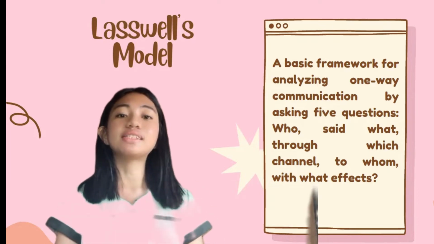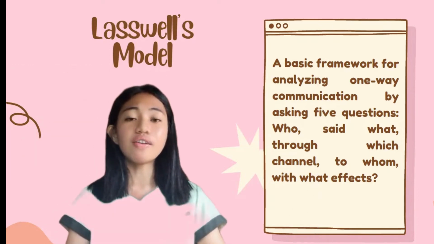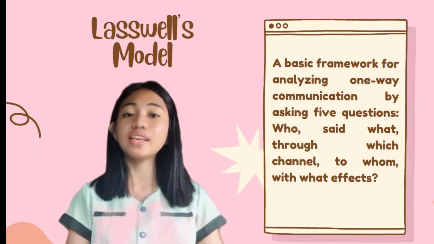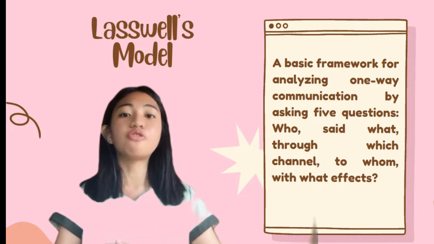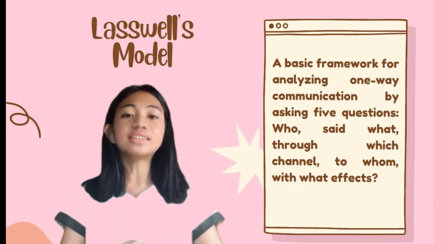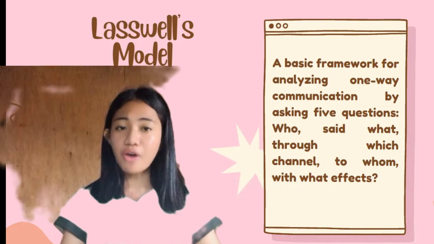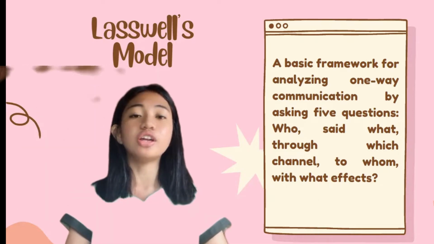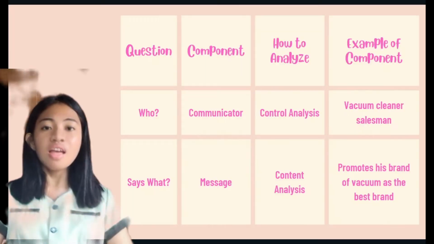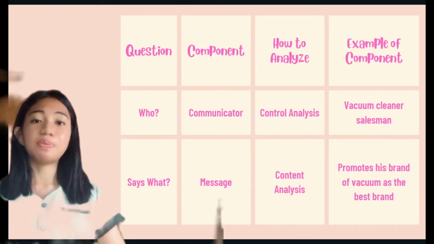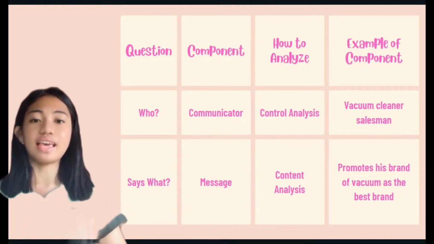This model is effective as it provides a very simple and practical way of critiquing a message and exploring 5 important elements that can help explain the event under analysis in more detail. This is the table that explains clearly what the Laswell model is.